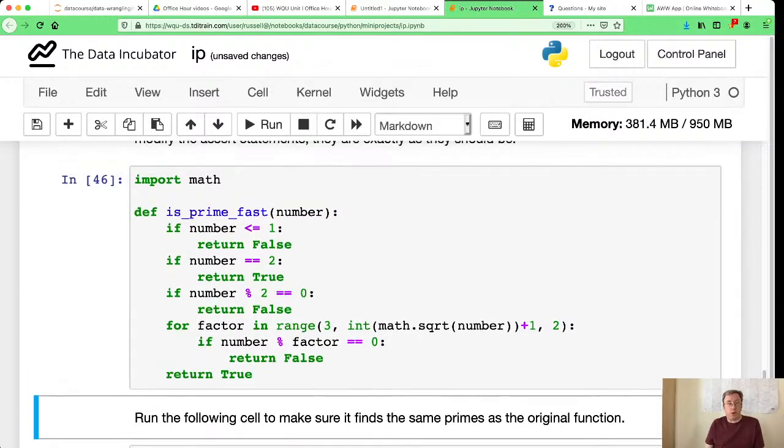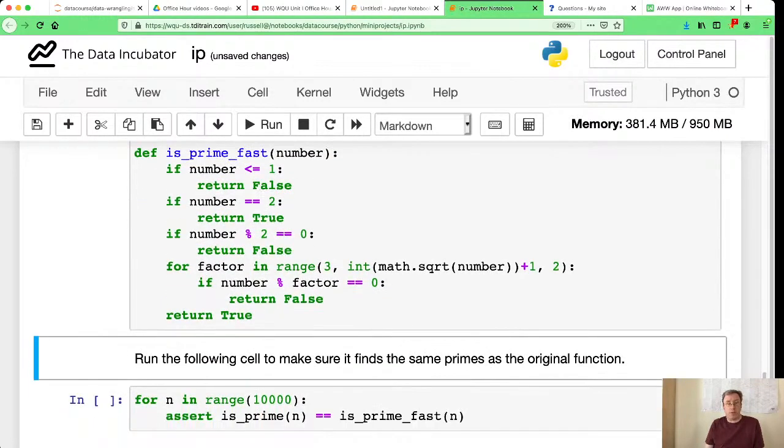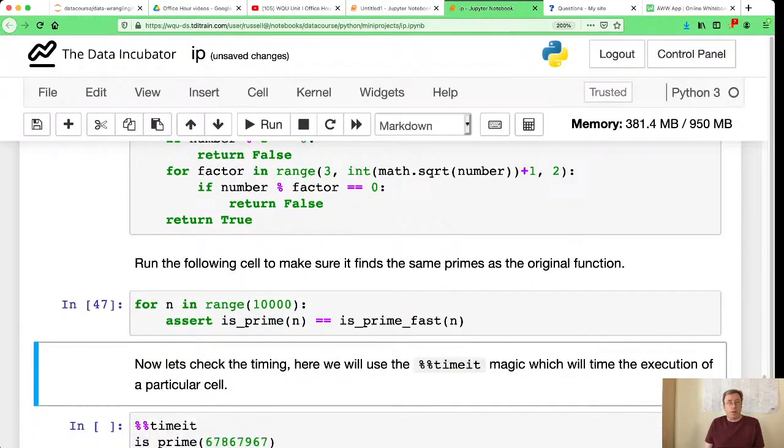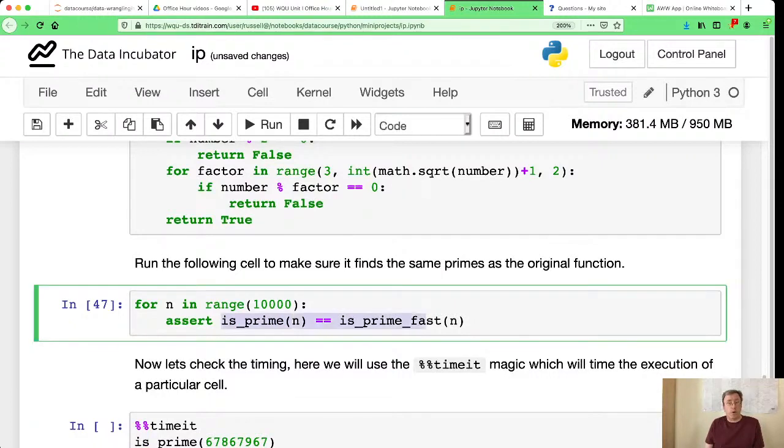Let's check this, right? Rerun the following cell to make sure it finds the same primes as the original function. Someone asked earlier, how do you debug an assert? Well, the assert is trying to say, in this case, is this result equal to this number?